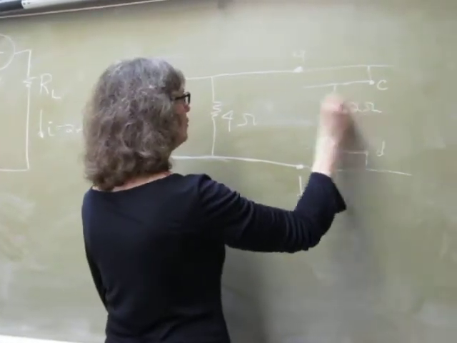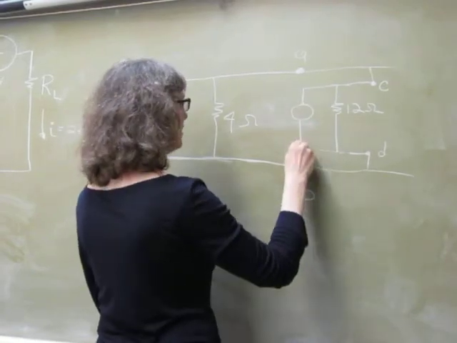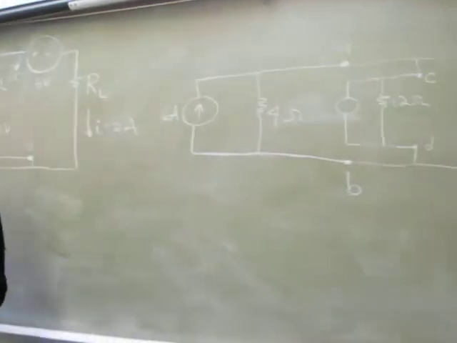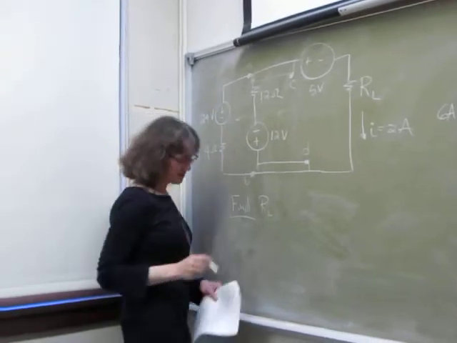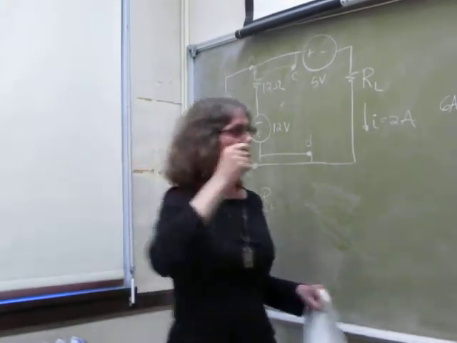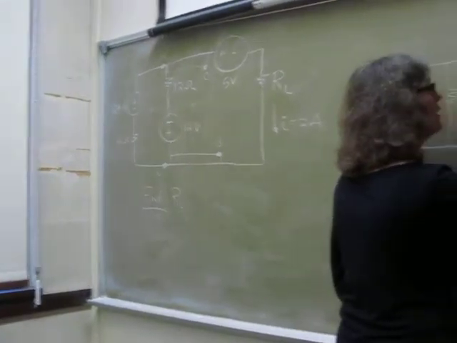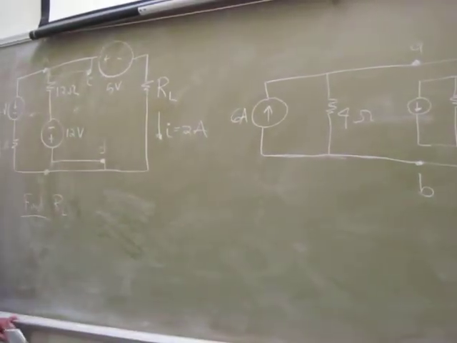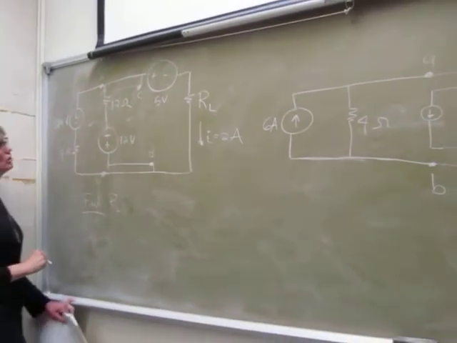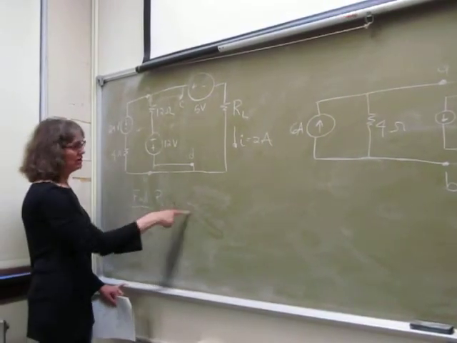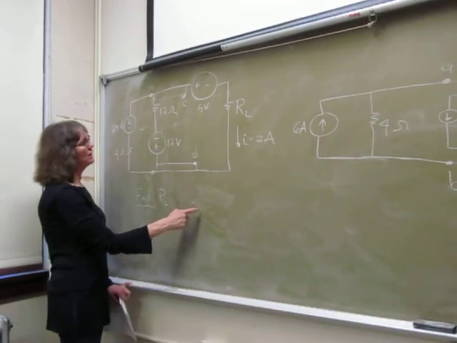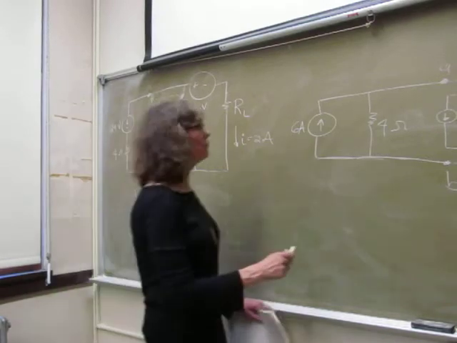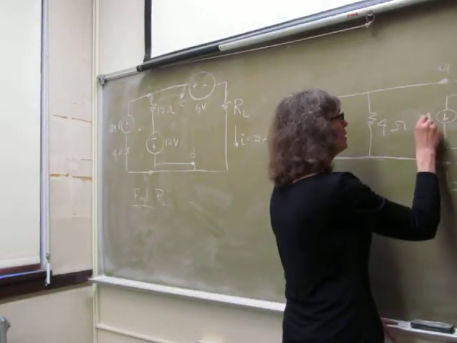So this is 12 ohms there, and then I've got the current source. Be a little bit careful because the negative sign is on top, so that means that the current is going to be going down like that, and the value of that is going to be 12 divided by 12, right? I erased it, but I equals V over R, so 12 volts over 12 ohms, this is going to be 1 amp.